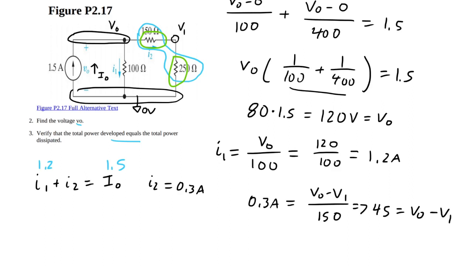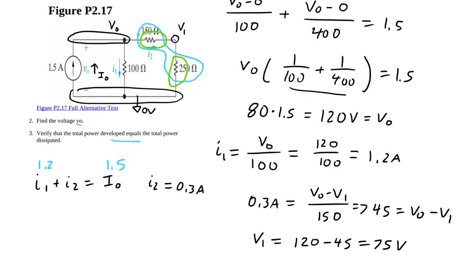To find V1, we can just put V1 on this side and then subtract 45 from VO, which we had determined previously as 120. So 120 minus 45 is, I think, 75? Yeah, it's 75 volts.